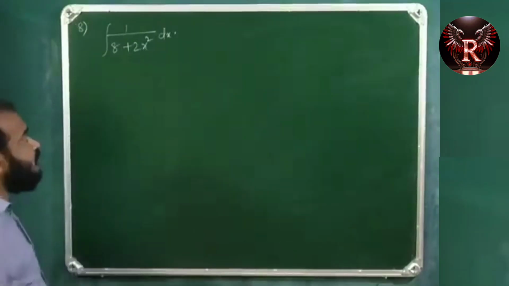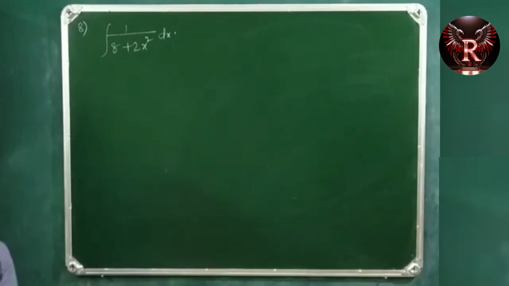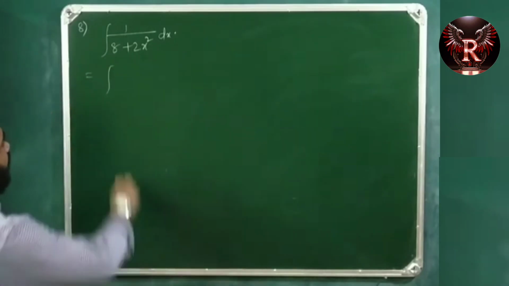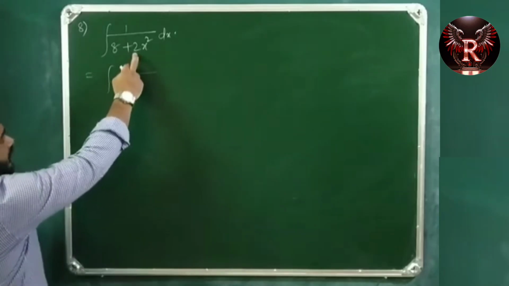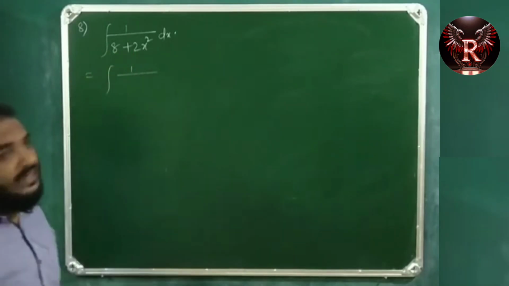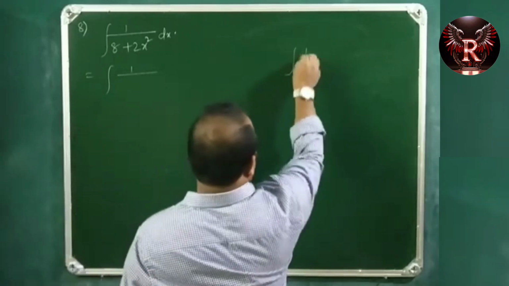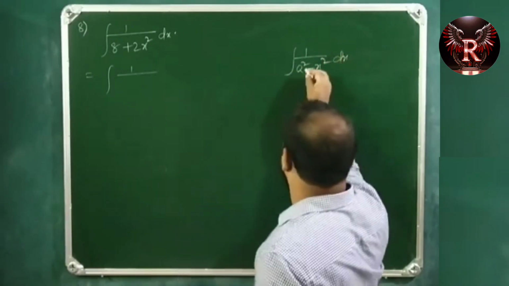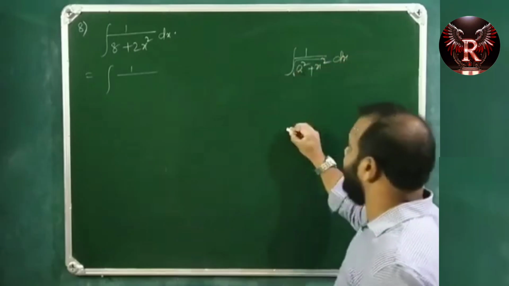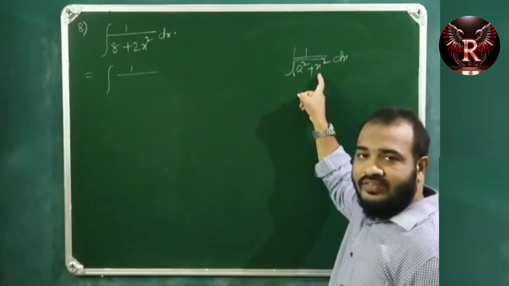Integral 1 by 8 plus 2x square dx. So for this to solve, we want the x square coefficient to be unity. Why am I telling this? We have the formulae: integral 1 by a square minus x square dx, 1 by root of a square plus x square dx, or x square minus a square dx.